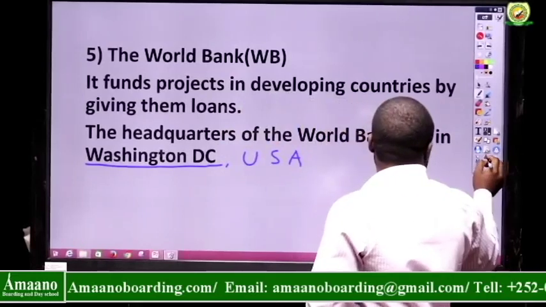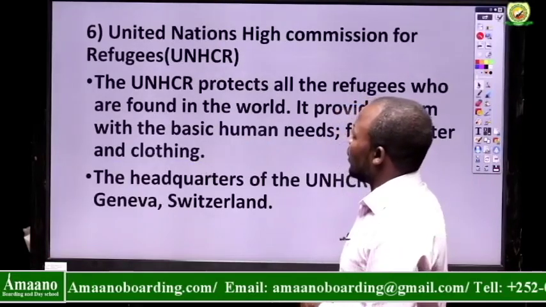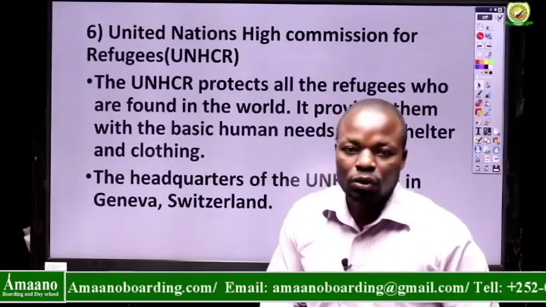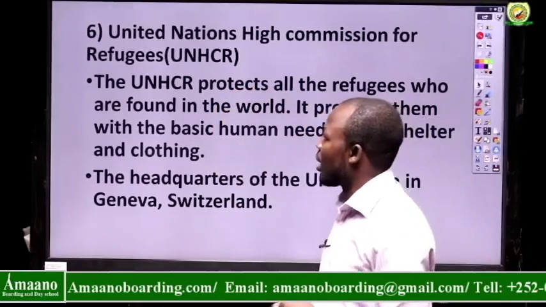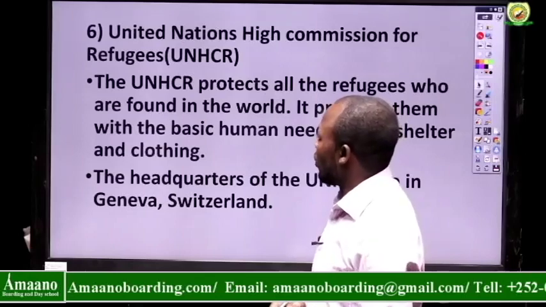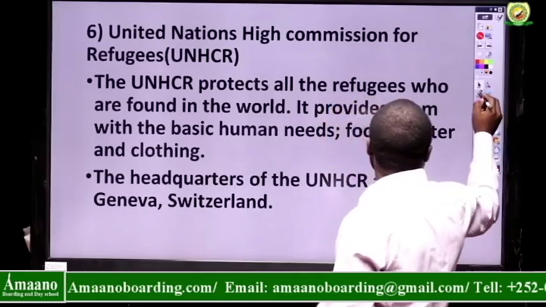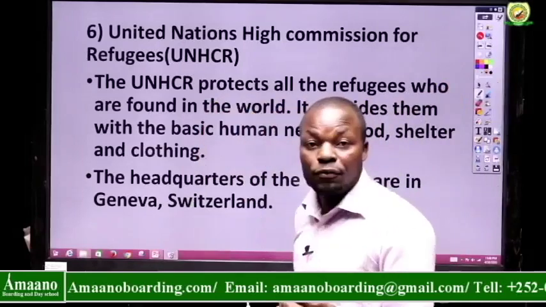Good. Moving forward, here we have the United Nations High Commission for Refugees. I think that's what we want to look at as our last organ. Now, the key word here that we are concerned with is refugees. Who are refugees?